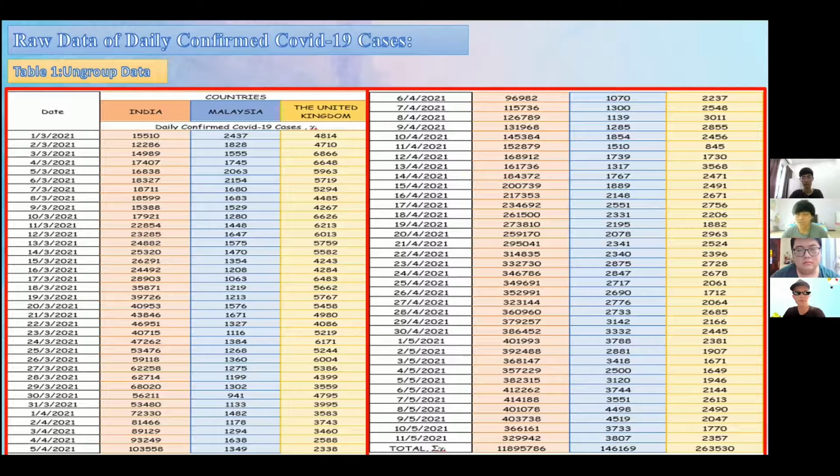We collected this data from the World Health Organization, WHO, for the dates from 1st of March until 11 May of 2021.